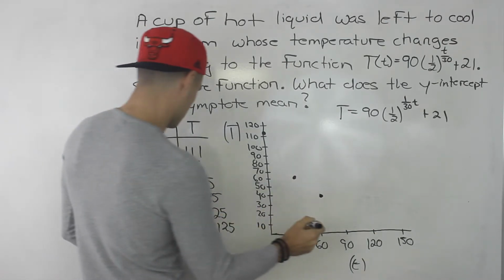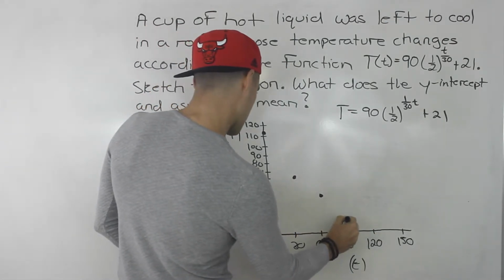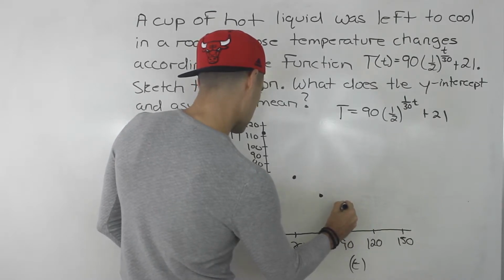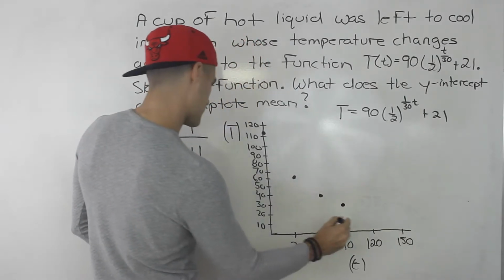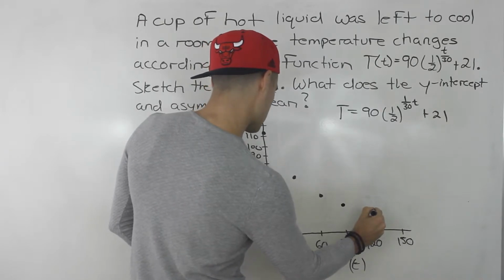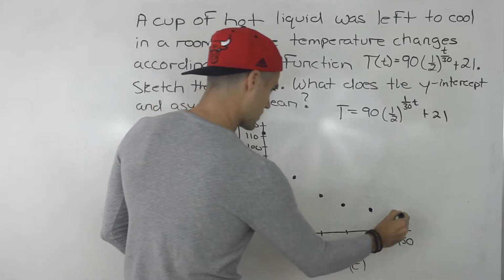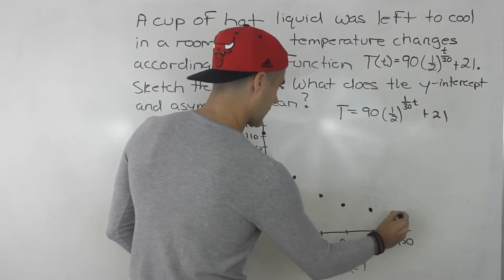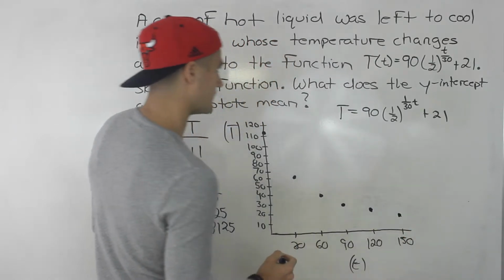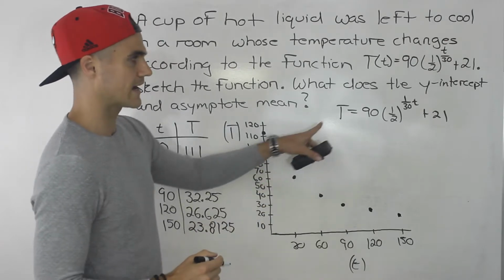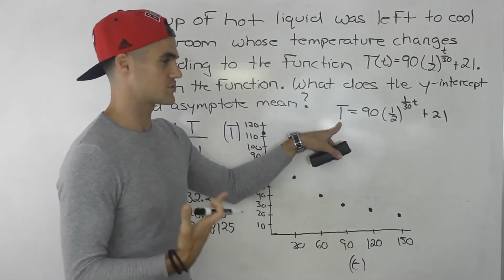90, 32.25, so that would be about there. 120, 26, somewhere there. And then 150, 23, about there. Now, this is an exponential function, so we know there's going to be a horizontal asymptote.